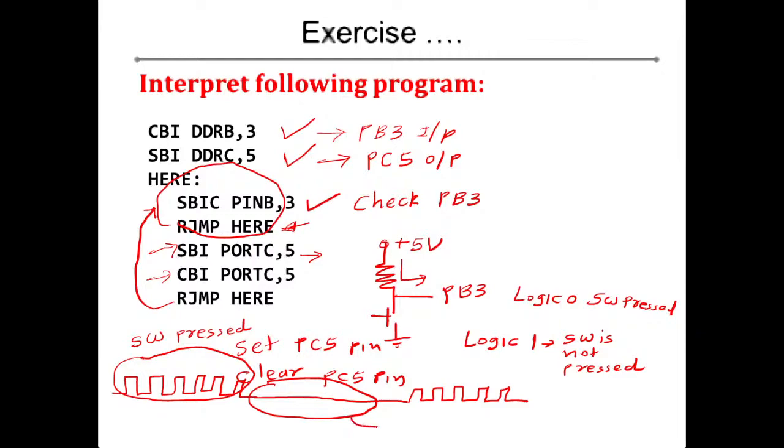During this period the switch is not pressed. So if you want to generate the waveform continuously, you have to press the switch, and if you do not want to generate any waveform, you must not press the switch. Is it clear? Any doubt here?